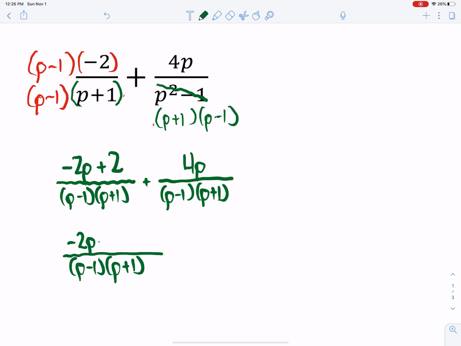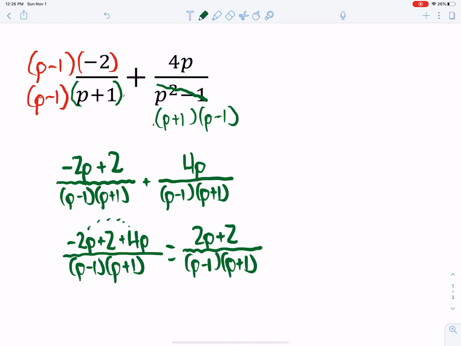Negative 2p plus 2 plus 4p. The bottom part stays the same, and we combine the like terms from the top. Negative 2p plus 4p, we would have 2p plus 2.